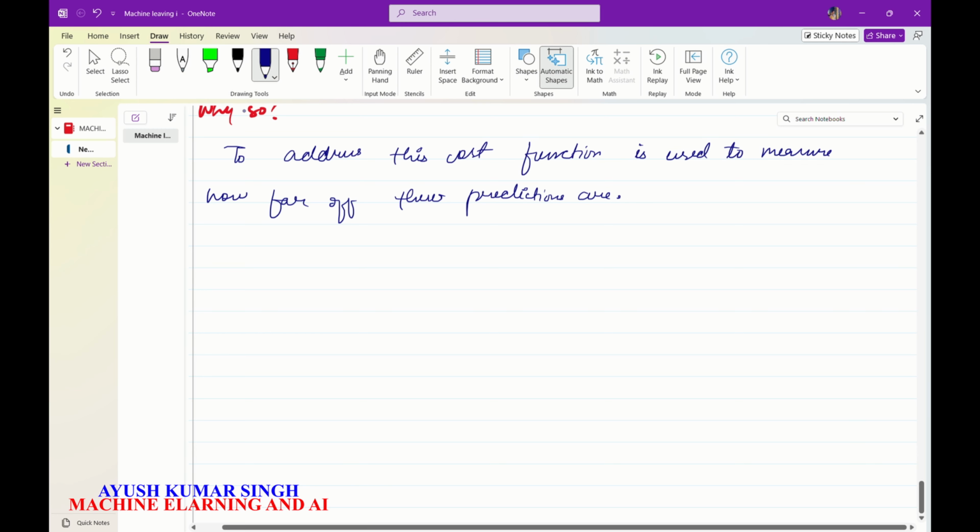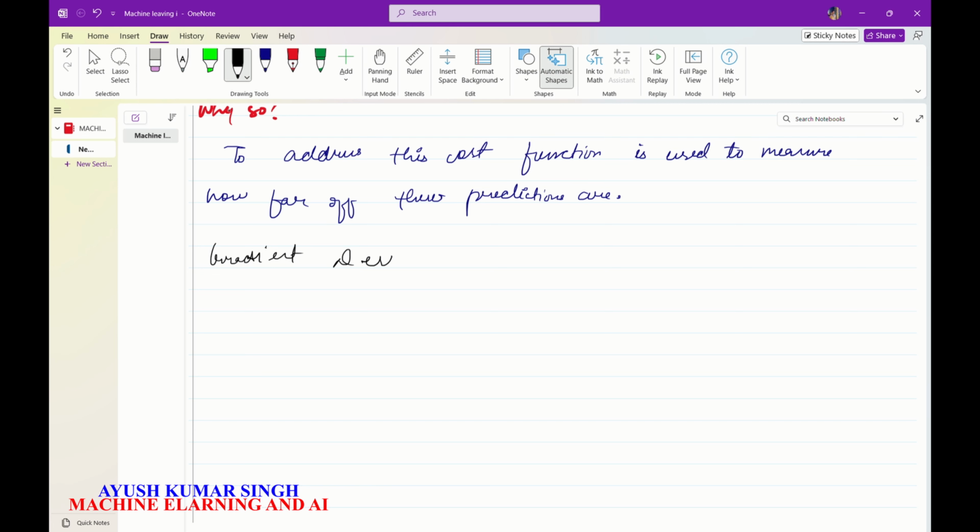Moving forward, we look into gradient descent in linear regression.